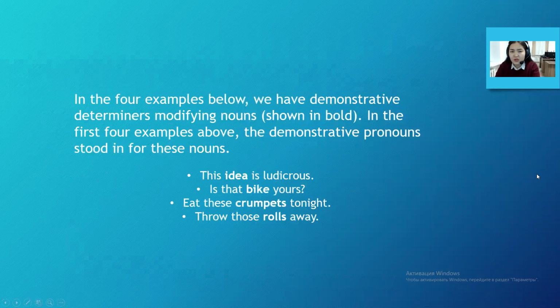In the four examples below, we have demonstrative determiners modifying nouns. In the first four examples above, the demonstrative pronouns stood in for these nouns. This idea is ludicrous. Is that bike yours? Eat these crumpets tonight. Throw these rolls away.